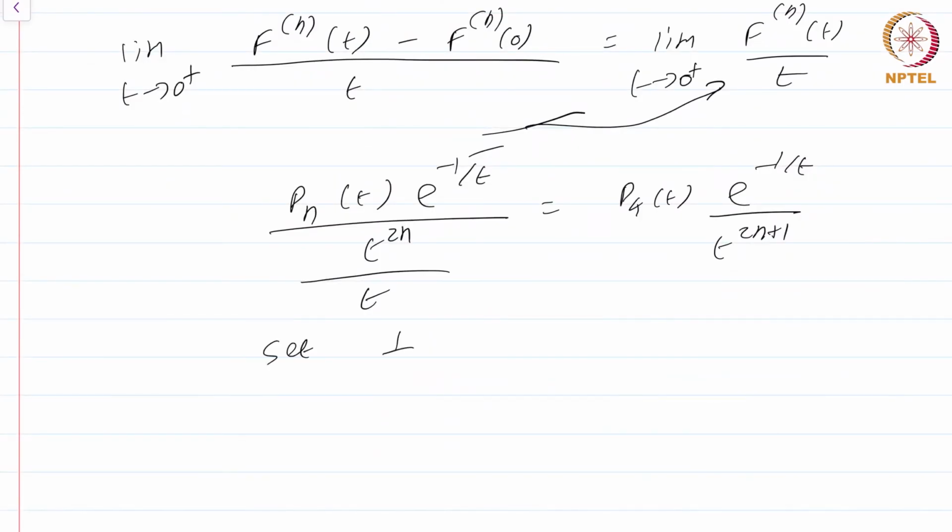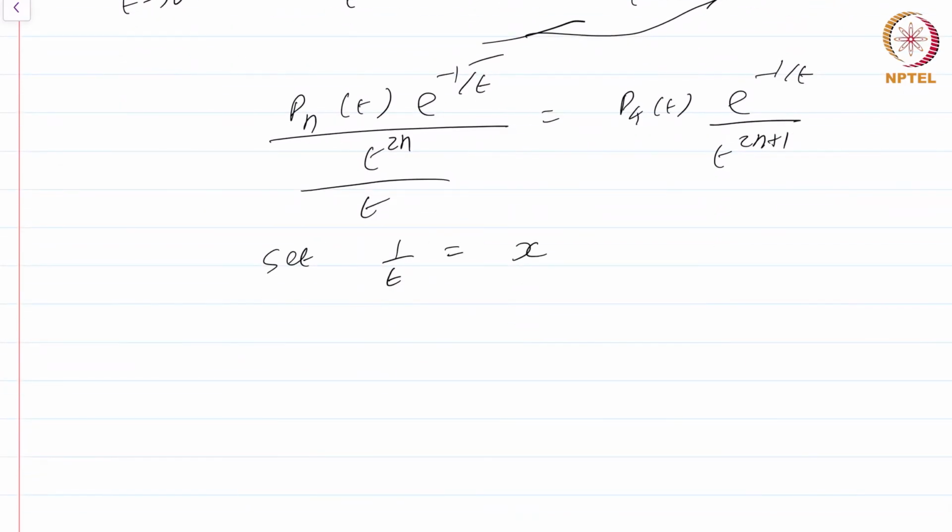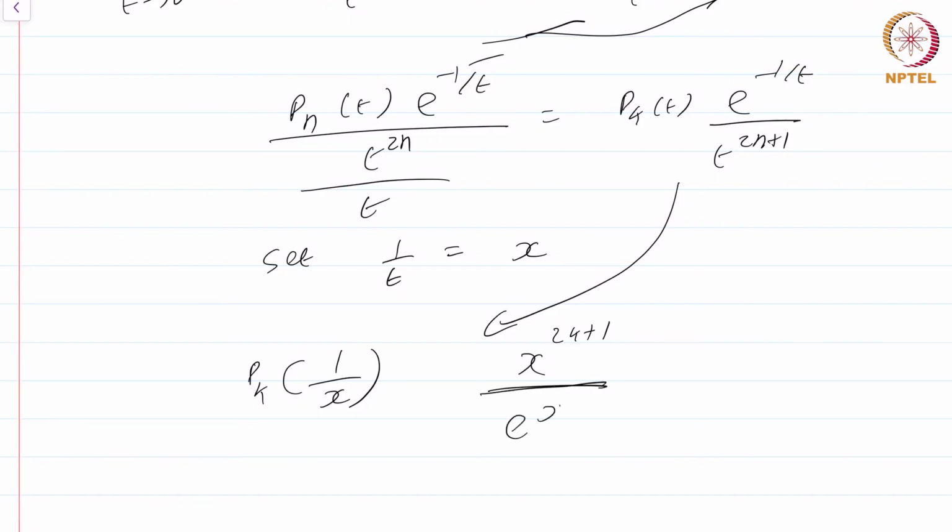Now set 1/t equal to x. So this entire expression will just become p_n(1/x) times x^(2n+1) divided by e^x, and now we have to compute the limit as x goes to plus infinity of this term.